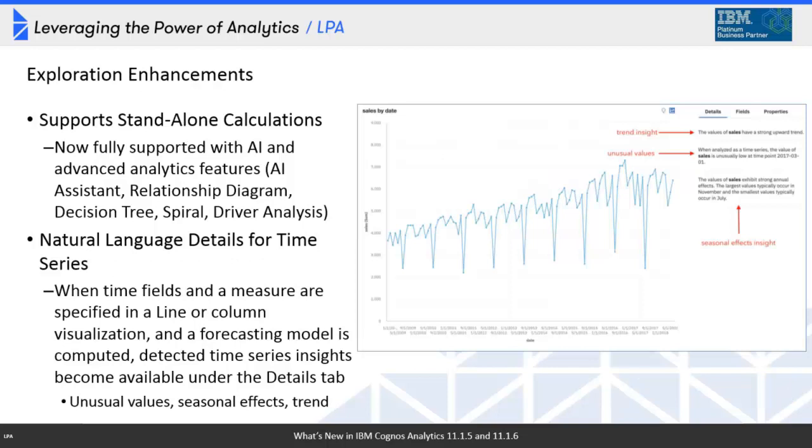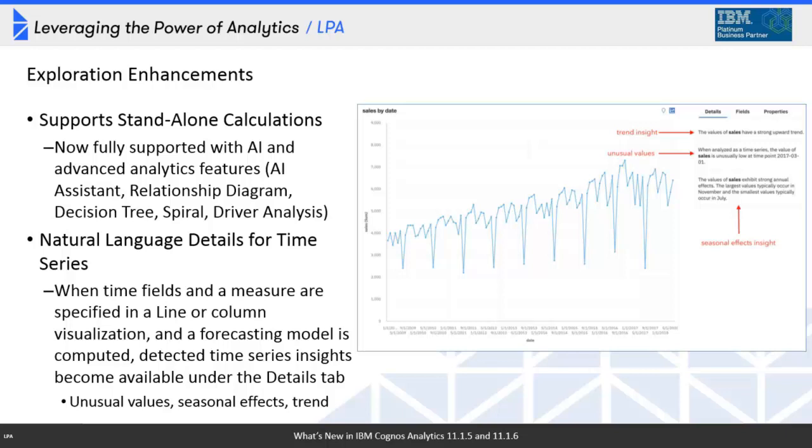Explorations have been enhanced in a couple of ways. The first is that you can now use standalone calculations as the target for the analytic features. So in the past, if you had a standalone calculation, you could not look at that as a target in a relationship diagram. You couldn't really leverage those standalone calculations in the assistant.